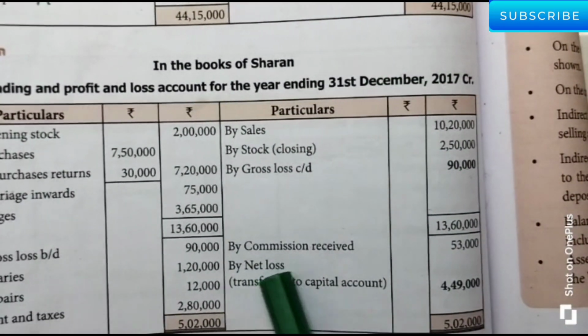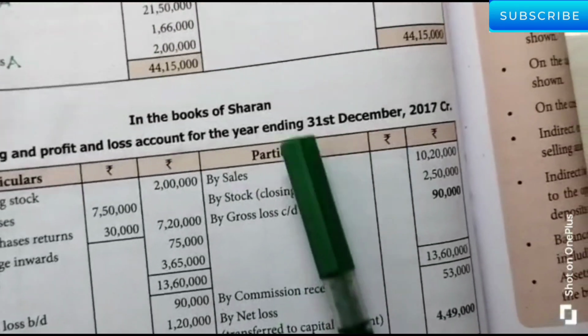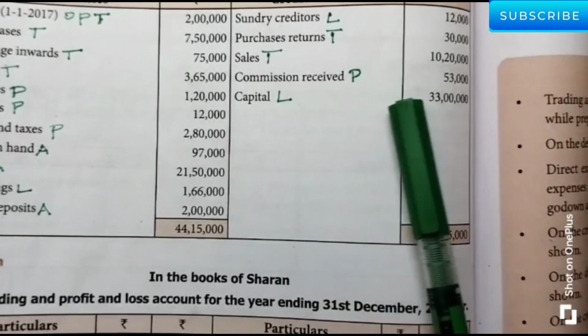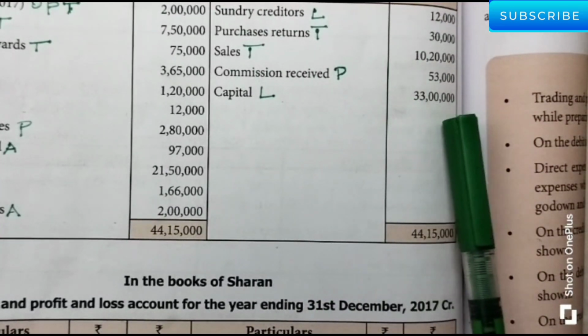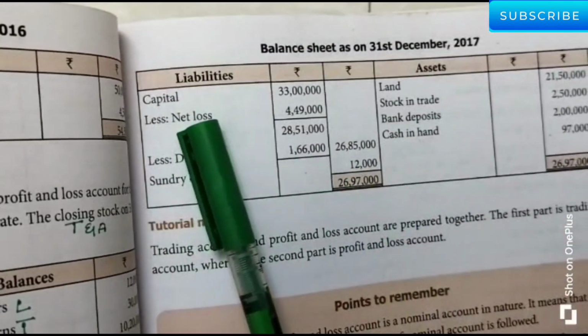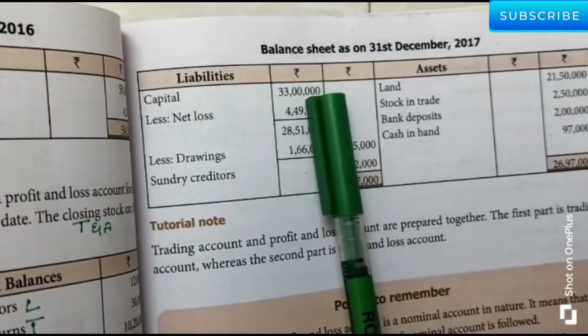In the profit and loss account, you have to subtract the net loss from the capital. So you have to enter the capital 33 lakhs rupees in the inner amount column.